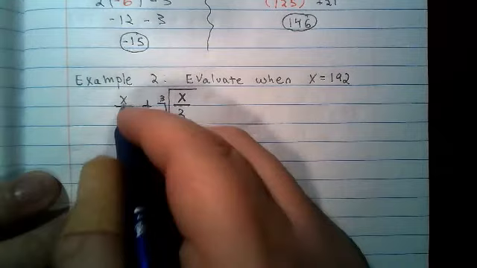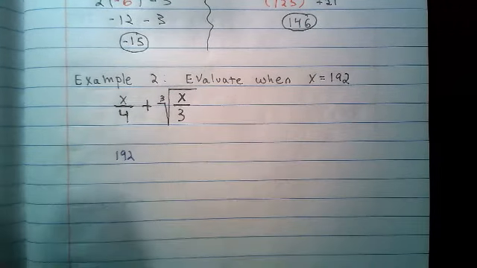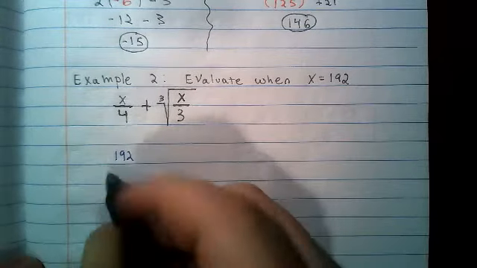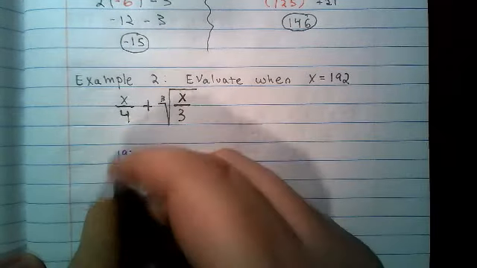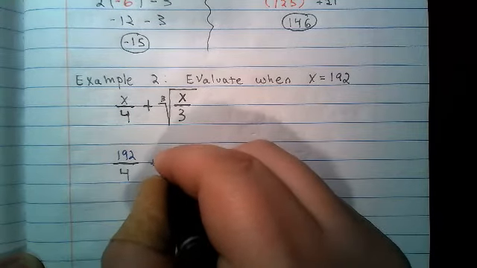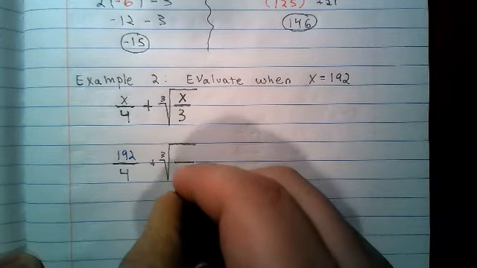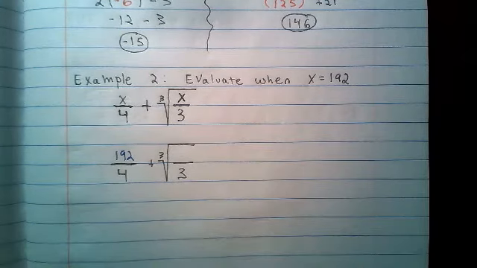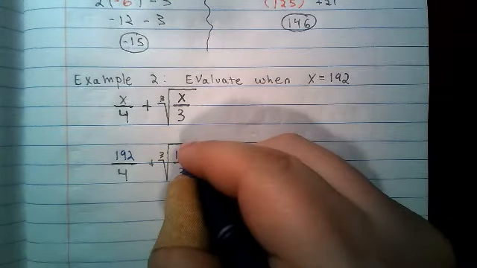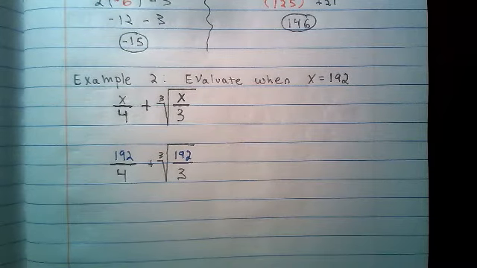So instead of x over 4, it's 192 over 4. And it's plus the cube root of, well, it's not x over 3, it's 192 over 3.